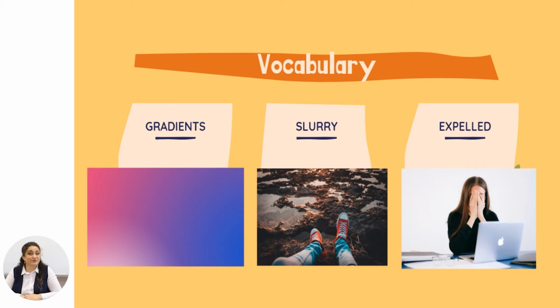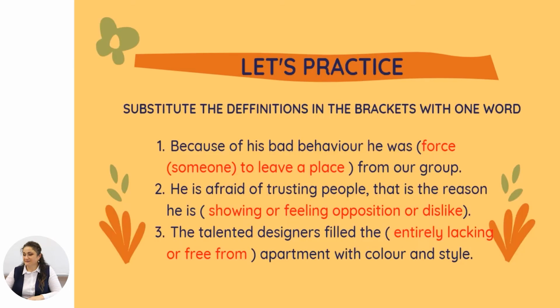Okay. Now you know the words that we are going to use in today's lesson, and of course we're going to practice a little bit. Let's practice. Substitute the definitions in the brackets with one word. I will read the sentences, and while you are listening to me, try to find the word. 1.